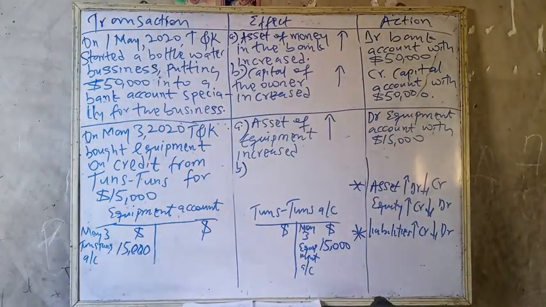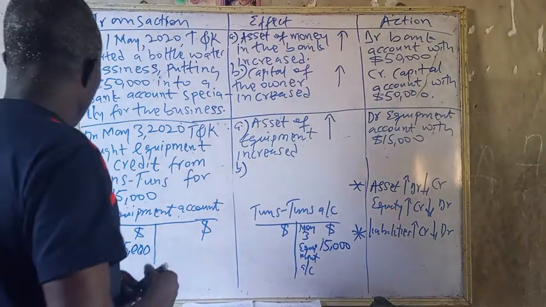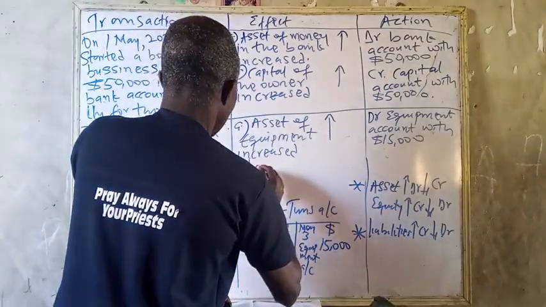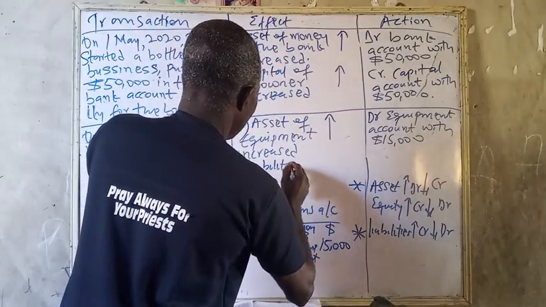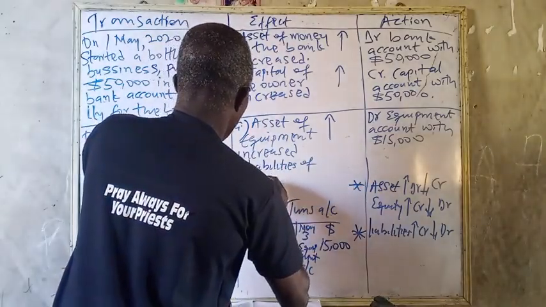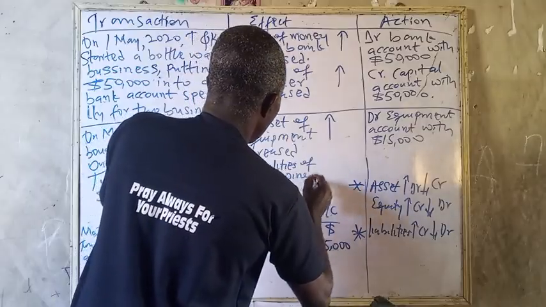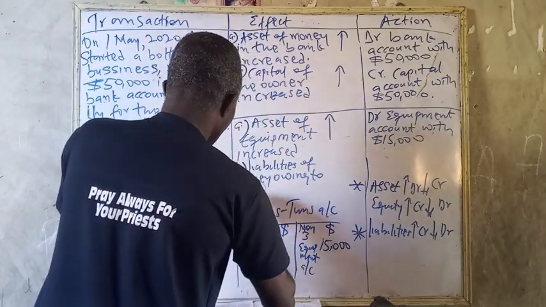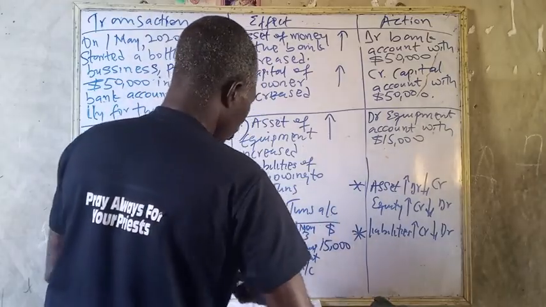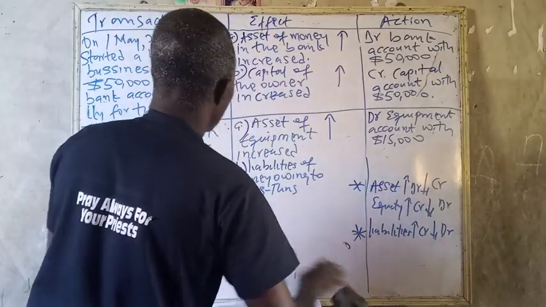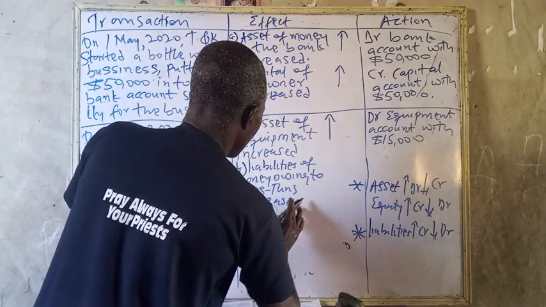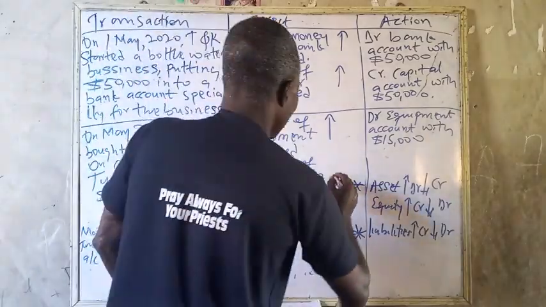So the effect is that the liability of money owing to Tunsun's has increased.